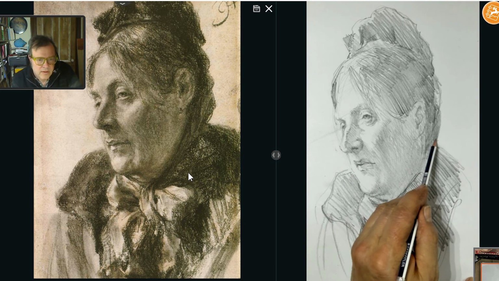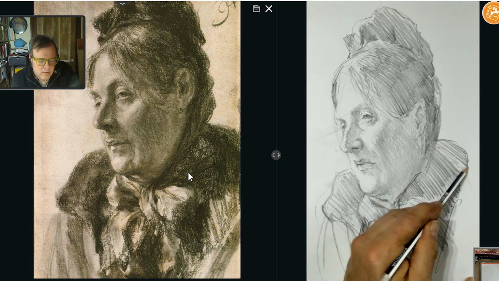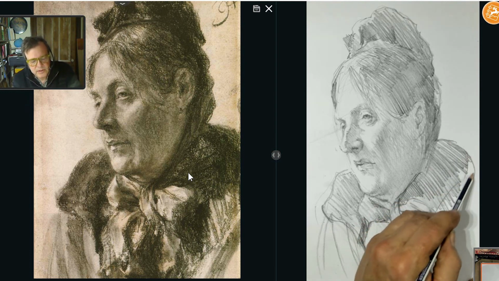And I think I could come up even higher in the back of this collar. It sort of changes the look of the pose a lot.